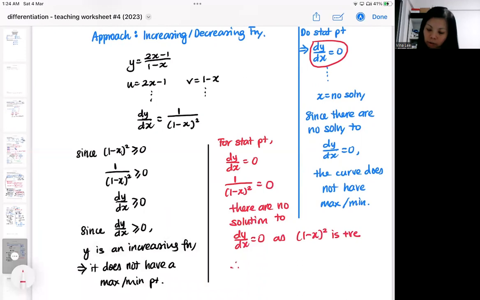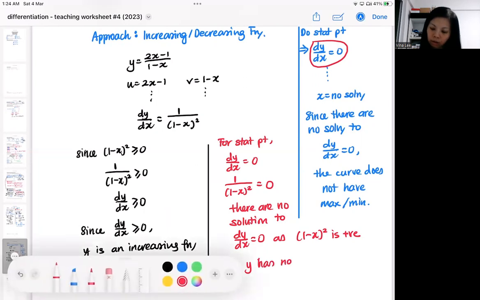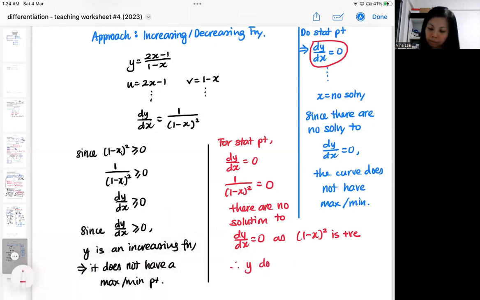So the curve doesn't have any maximum or minimum point. But do not show the 1 equal to 0. You can just explain that there is no solution.